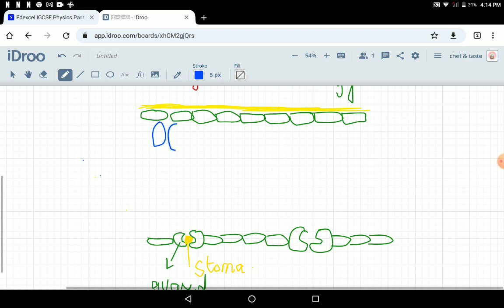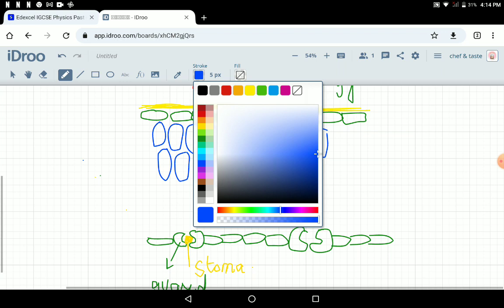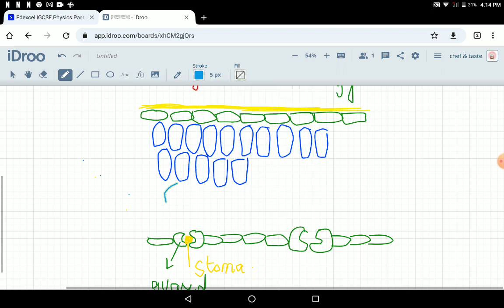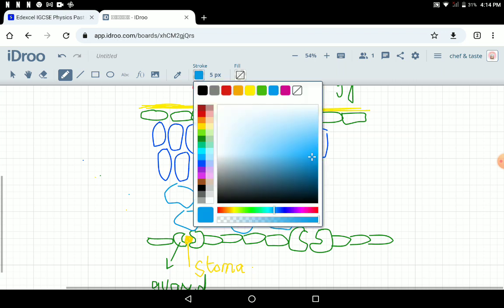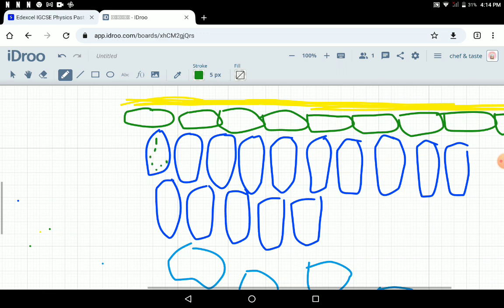Then we have palisade mesophyll cells, which are elongated cells. I'm just randomly drawing it. And then we have spongy mesophyll, which are irregularly shaped and have spaces between them. I'll not complete the diagram. I think this much will be enough for description.